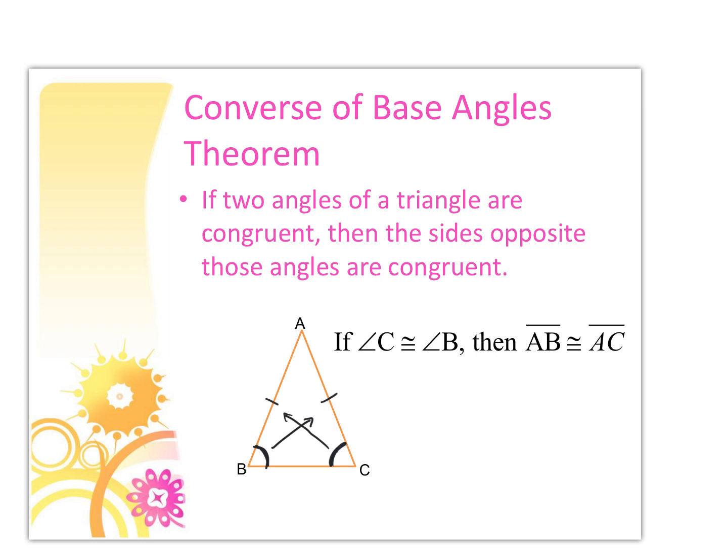So in the regular base angles theorem, you're given that the sides are equal and your conclusion is that the angles are equal. In the converse, you're given that the angles are equal and your conclusion is that the sides are equal. So you're concluding 2 different things, even though in the end, all of it ends up being the same.